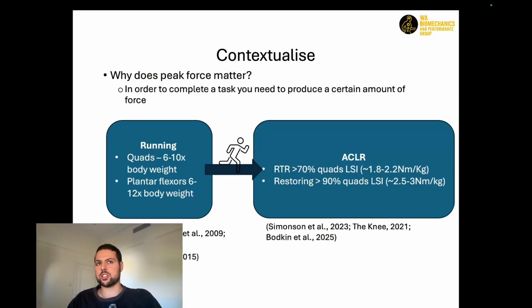These numbers are based on some normative data studies. And then that is further extrapolated to some objective criteria-based rehab. So when we might want to consider returning to running, there's some evidence that says 70% limb symmetry index, or 1.8 to 2.2 Newton meters per kilogram, is what it would be beneficial to restore before returning to running, so your knee is prepared for those loads.